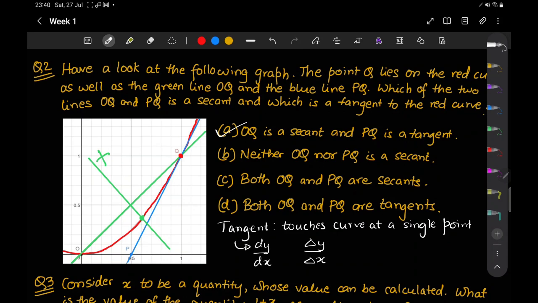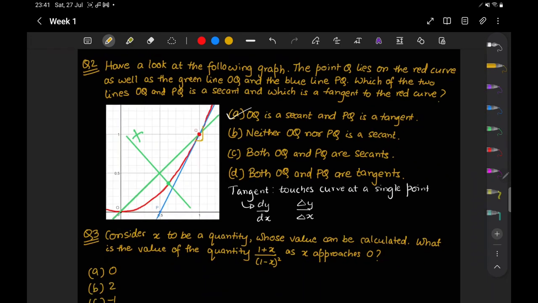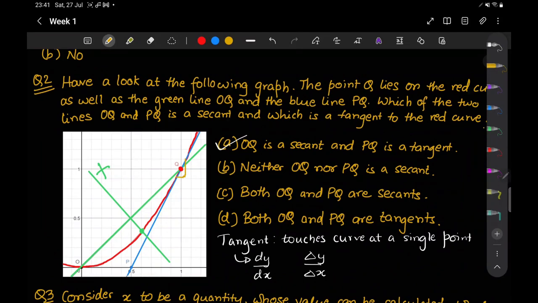And if you look at this curve, let's say around this point Q, if I am taking this much change in x, then this much change in y is there. Maybe I'll try purple.